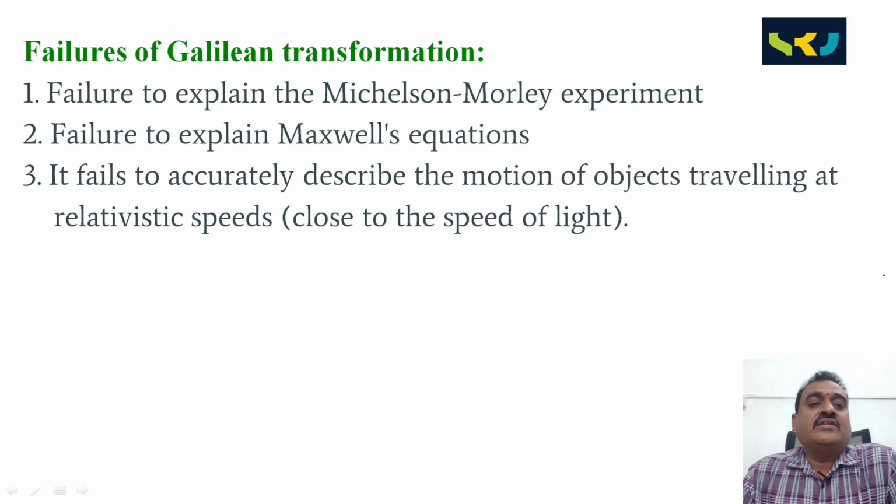We can have a little discussion about that. The second postulate calls for the same value of the speed of light c in the S system and S dash system.